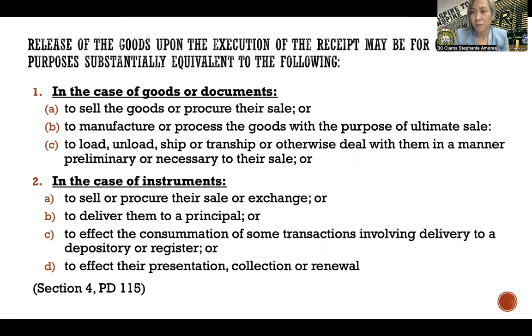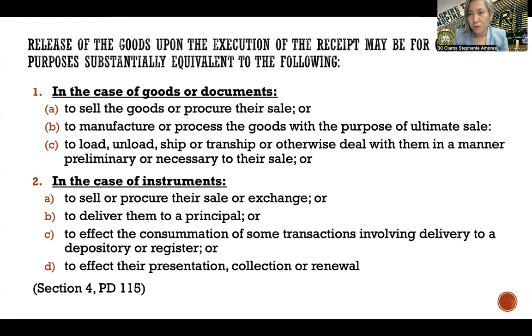So if the subject of the trust receipt are goods or documents, then the purpose of the release to the entrustee can be to sell the goods or procure their sale, to manufacture or process the goods, but still with the purpose of ultimate sale.